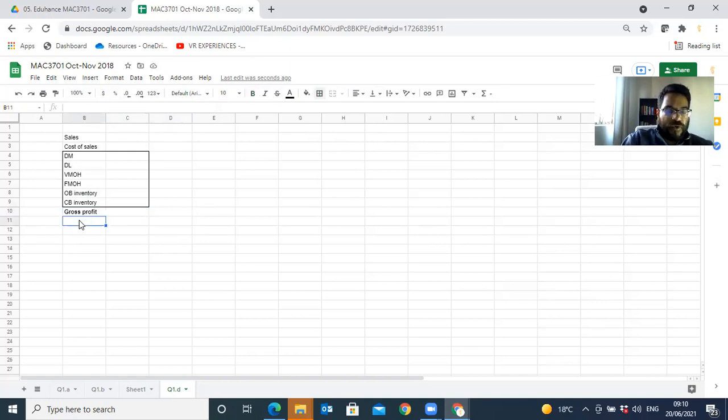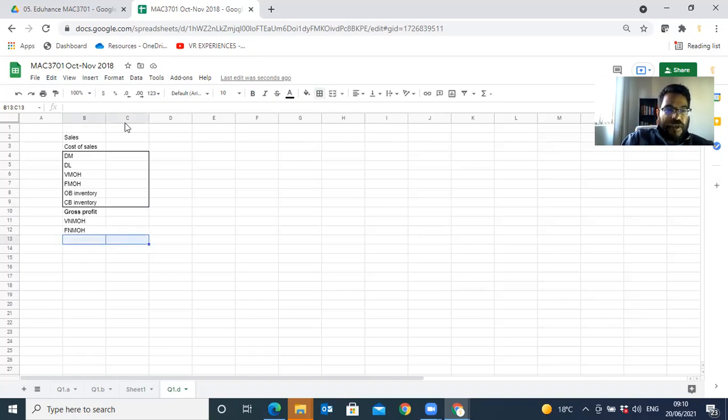The other costs would be variable non-manufacturing overheads or costs, and then fixed non-manufacturing overheads or fixed non-manufacturing costs. I'm just writing it like that for now. We can change to the actual words that they use, the actual costs that they use when we read the scenario again.